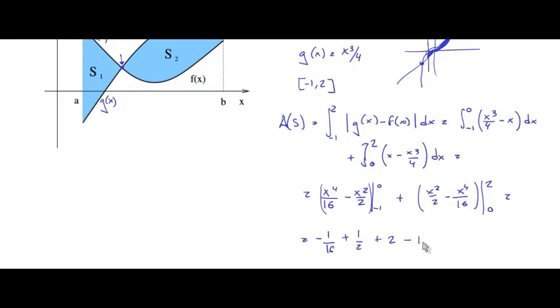So this is 2 minus 1 is 1, plus 1 half is 3 halves, which is equal to 24 over 16. Minus 1 over 16 is 23 over 16.